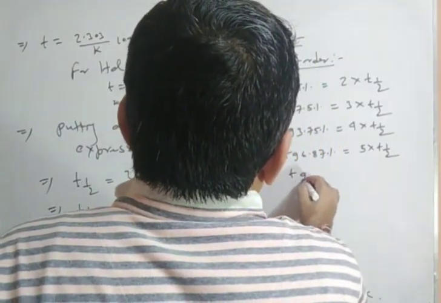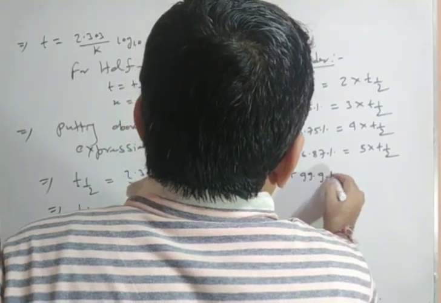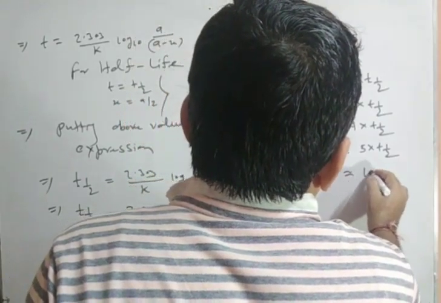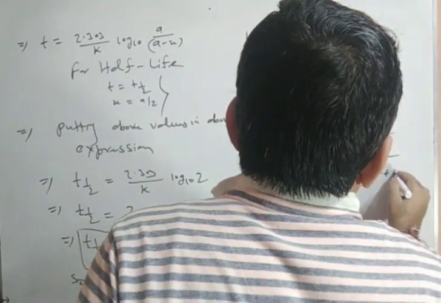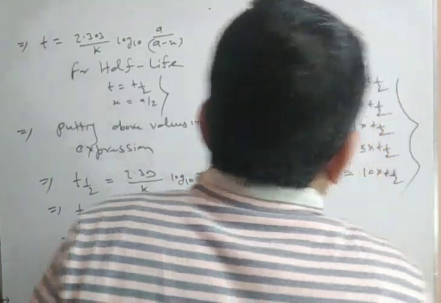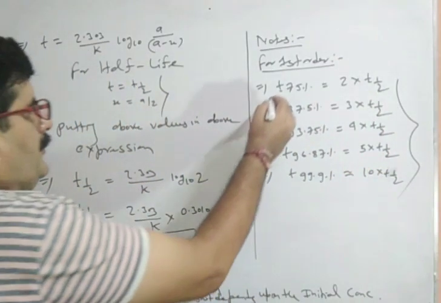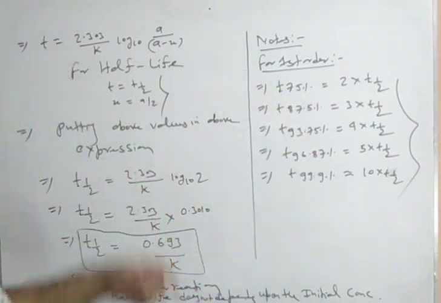And t 99.9% is approximately equal to 10 times t half. For first order reaction, this concept is applicable.